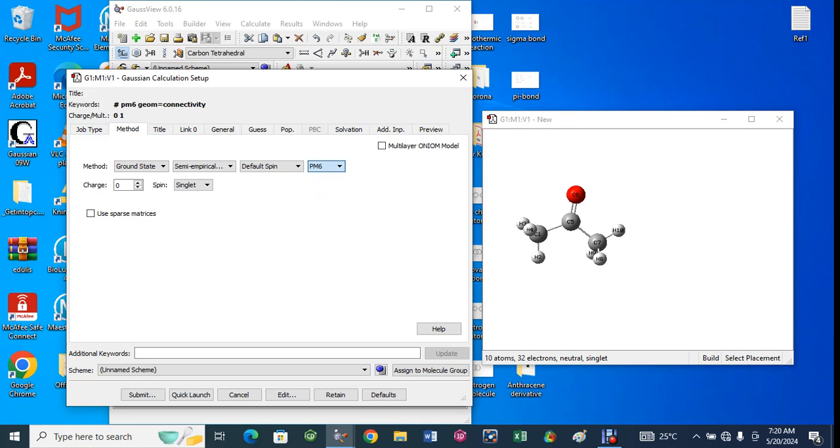These are all methods that are related to the semi-empirical method.